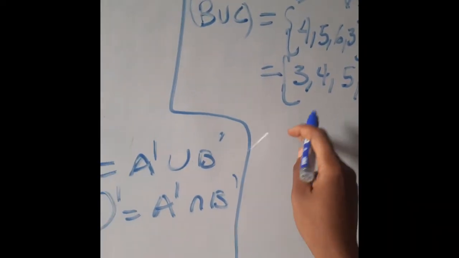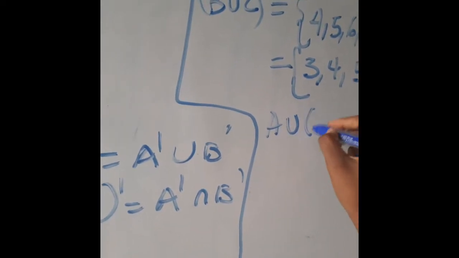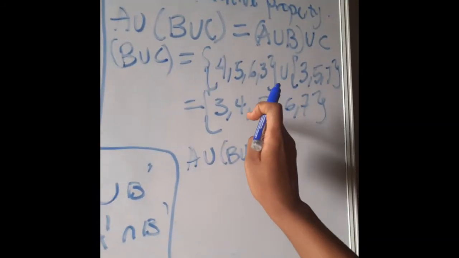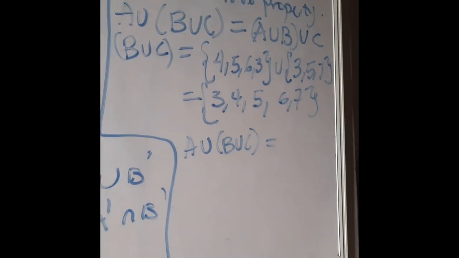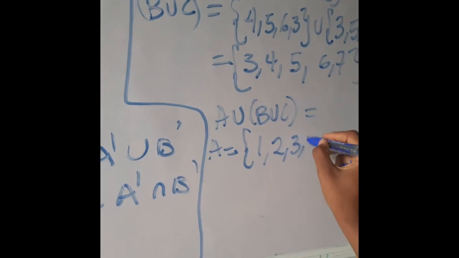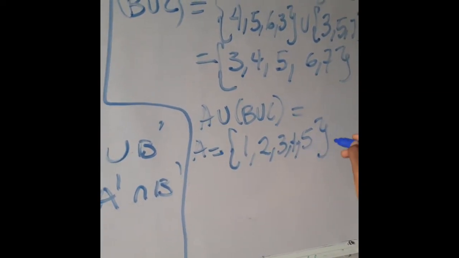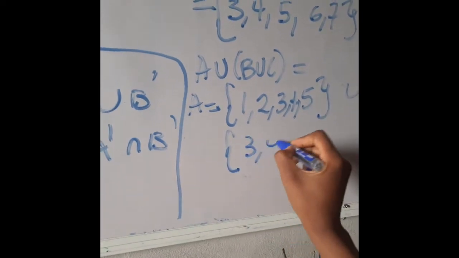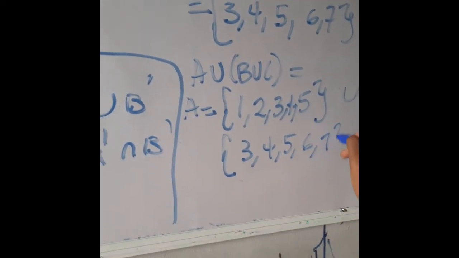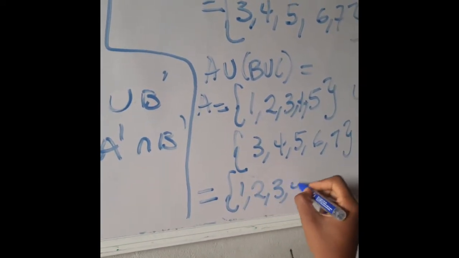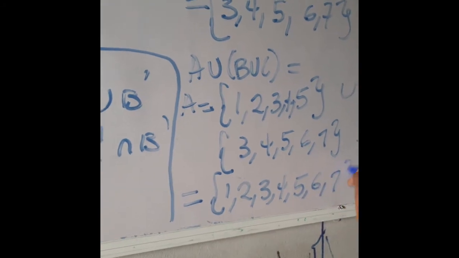Now we say A union (B union C), as we are adding the union between this and A. So our A, which is 1, 2, 3, 4, 5, union our B union C, which is 3, 4, 5, 6, 7. This is going to give us 1, 2, 3, 4, 5, 6, and 7.